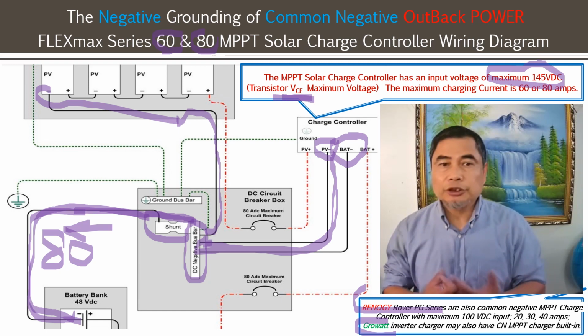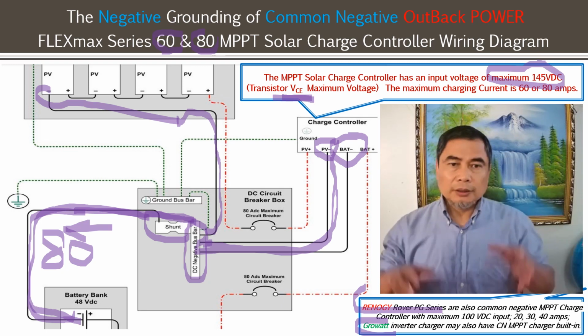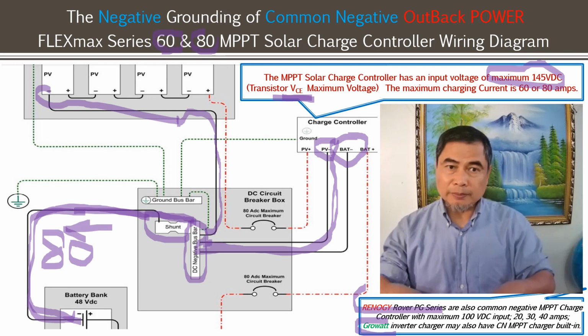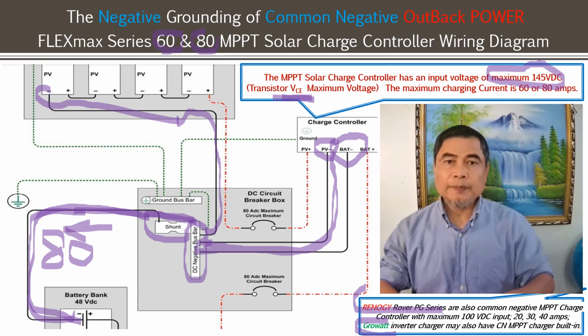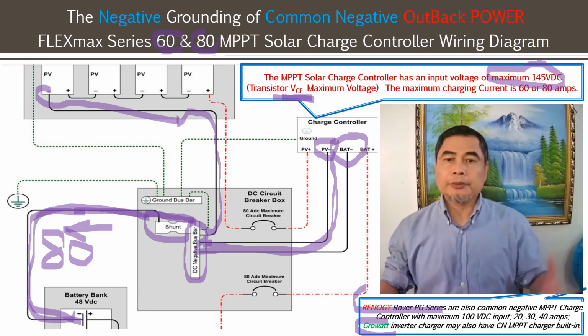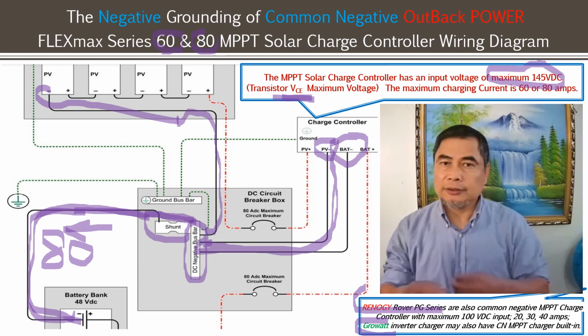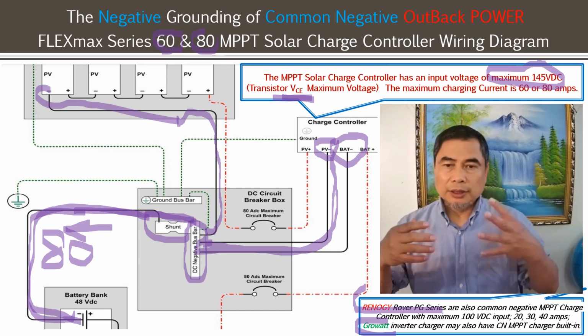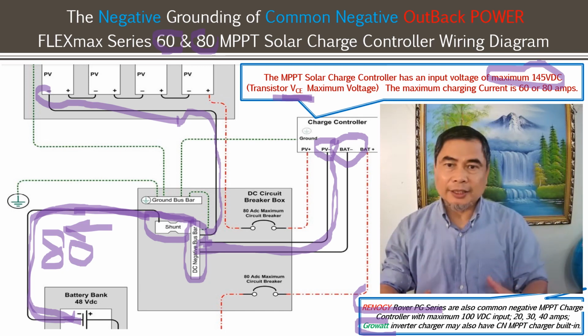We'll figure it out, and we're going to post a list of manufacturers' common negative or common positive designs in the course content, so everybody will have an idea what to expect. You don't need to buy them and then check it out. If you are planning the system, you can check with the manufacturer, or we're going to have a list there so everybody will know which model numbers are common negative or common positive designs.